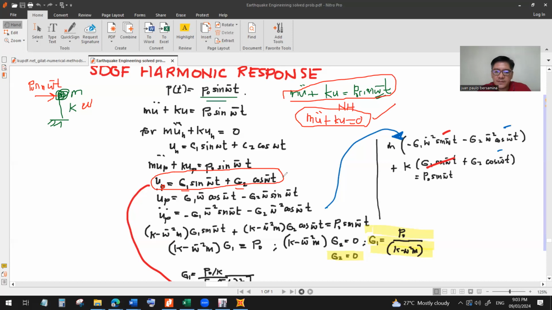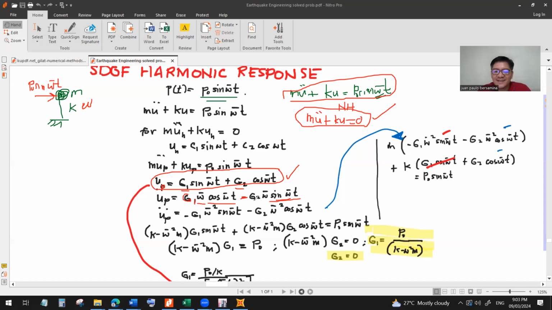Okay? Just like what we did last time, we find the first derivative. First derivative of this one, right? Derivative of sine is cosine. Cosine omega bar t. Derivative of omega bar t is omega bar. And G1 here. Then derivative of cosine is sine. So sine omega bar t. And it's now negative, no? Because it's a sine.